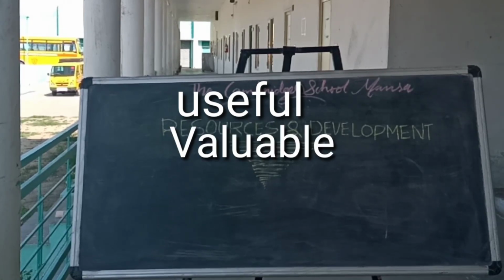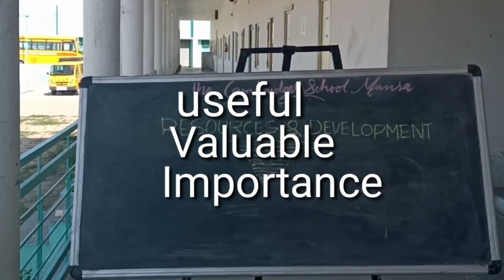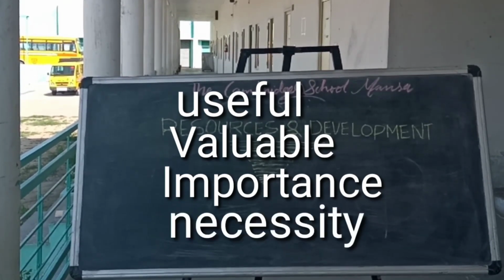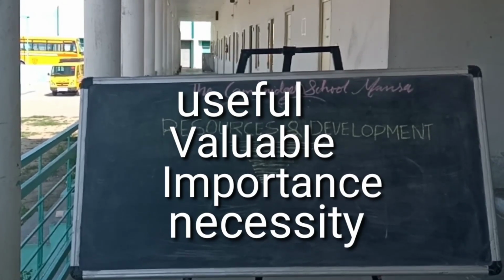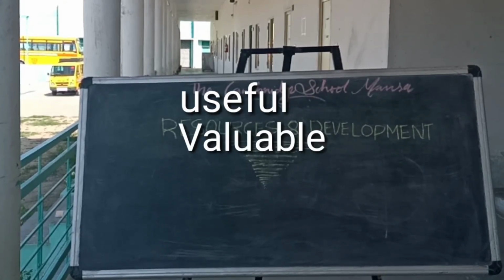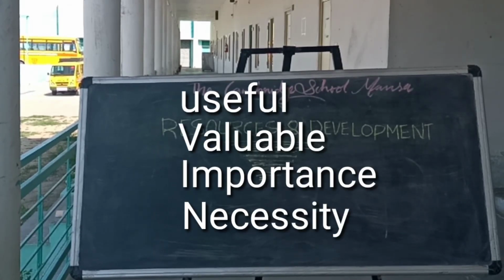When it has a value, we call it a resource. If a thing is important for people, we call it a resource. And when it fulfils the demand of the people, we call it a resource. Therefore, if a thing is useful, valuable, important and necessary, then we can say that it is a resource.